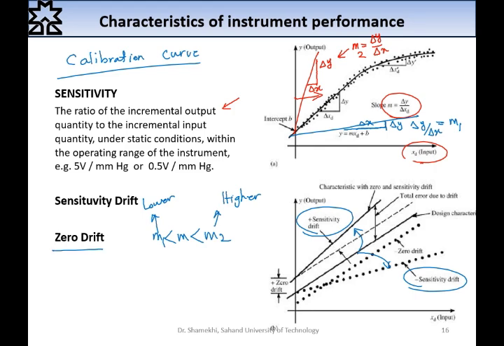Also, in a calibration curve, because of some problems, zero drift will occur. As you can see, we have some zero drift.